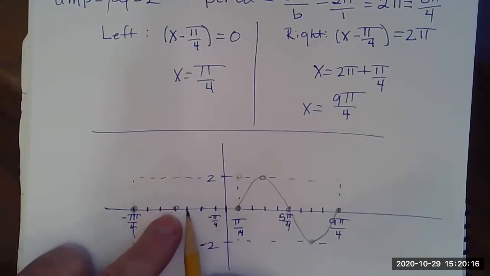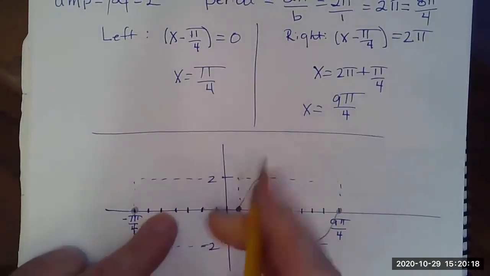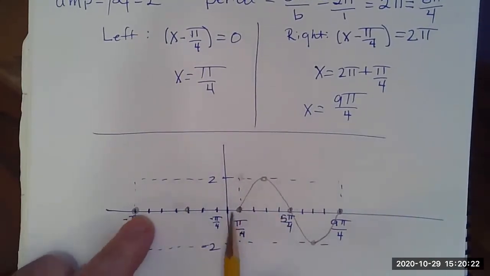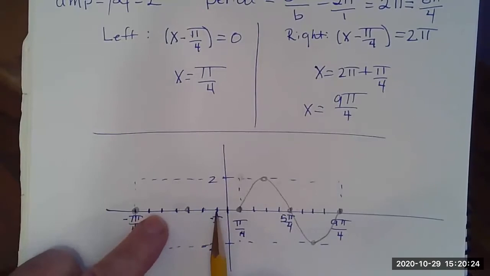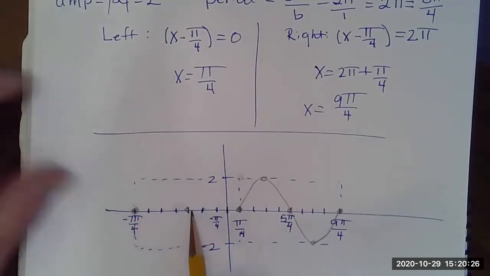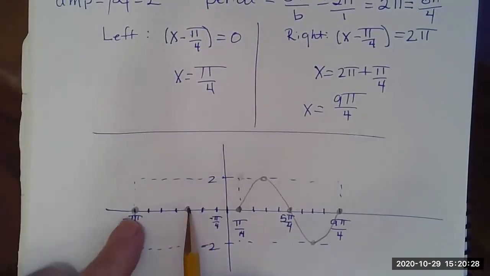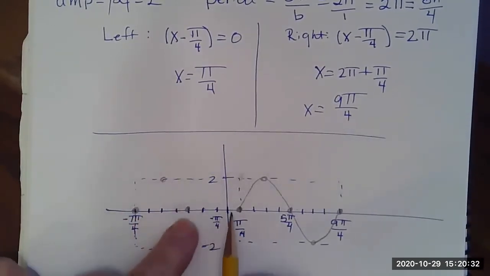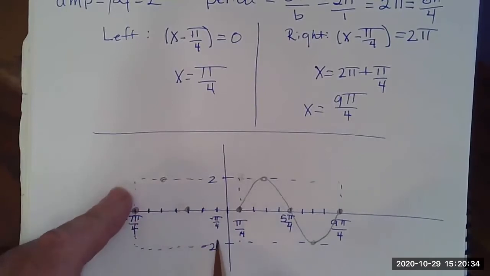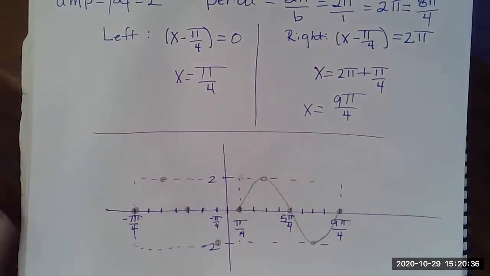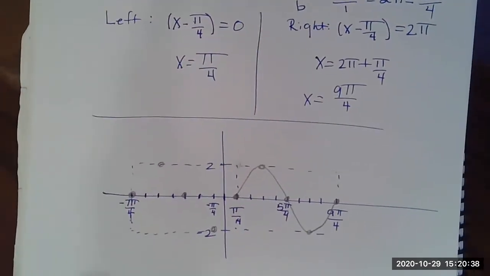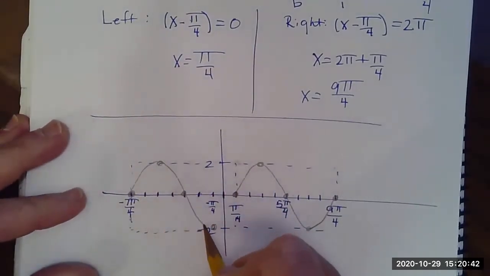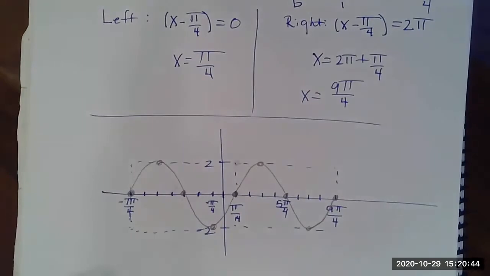Yeah, that pencil mark should be right there. Then halfway should be high, and halfway should be low. Okay, there's 2 periods.